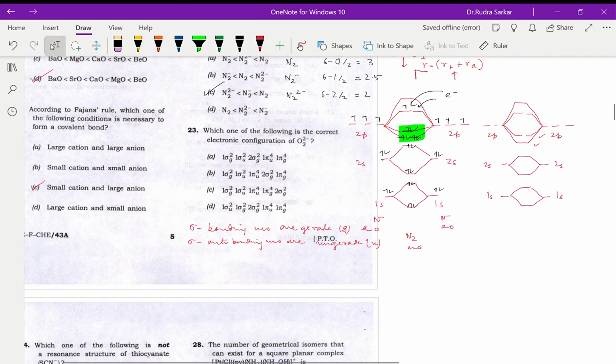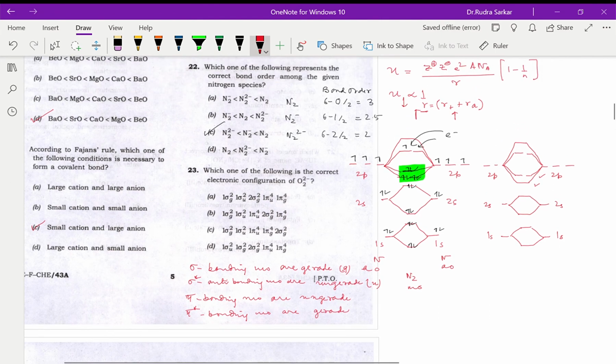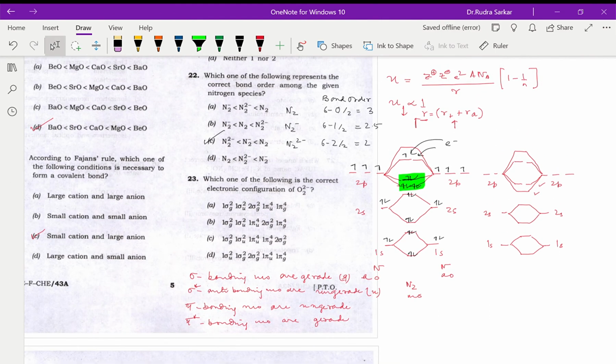The reverse works for the pi orbitals. The pi bonding MOs are ungerade, and the pi star antibonding MOs are gerade. So here pi star means this level. So this is our pi star.